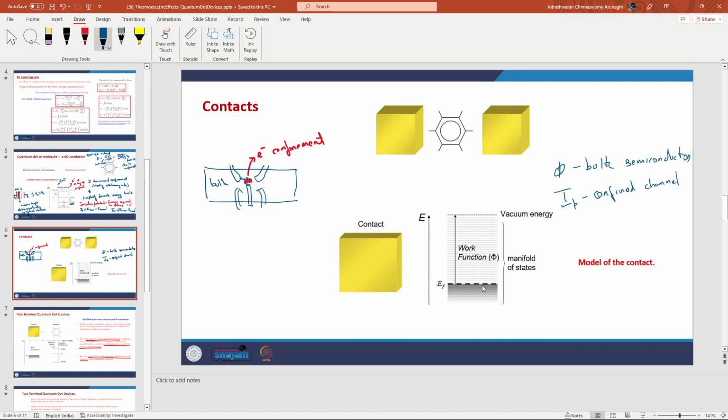This is again for bulk materials, this is how we do it. There is a vacuum level and there is a work function. Since there are many electrons here, the electron affinity of this material is also equal to the work function. Because from the vacuum level, if it loses the same amount, it will come to the Fermi level. Therefore, the electron can be accepted.